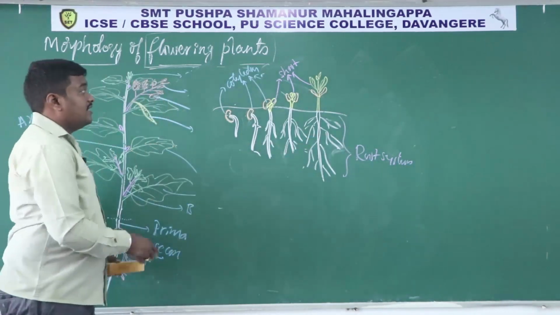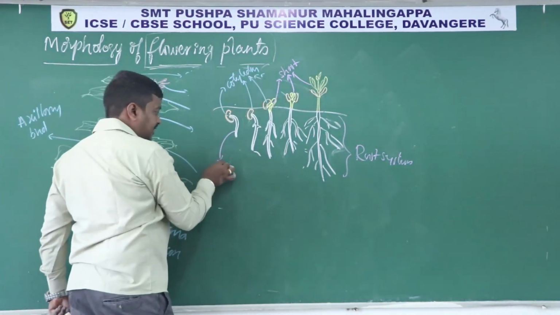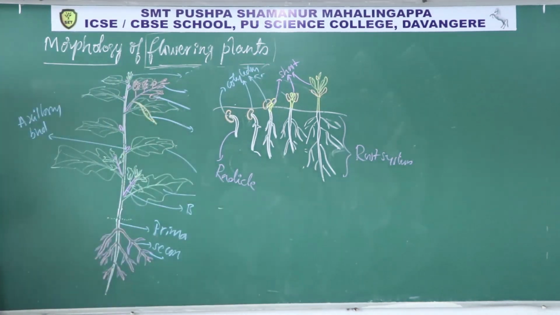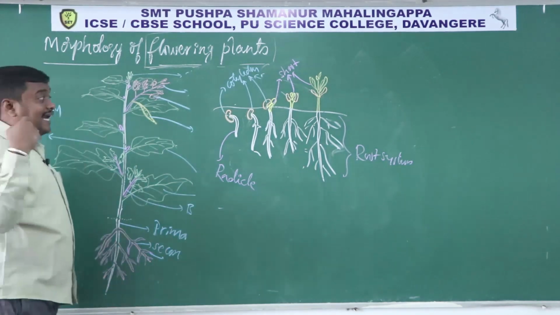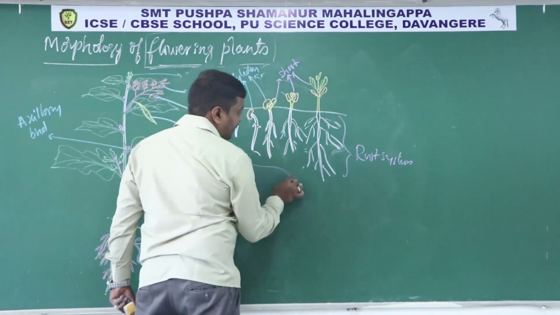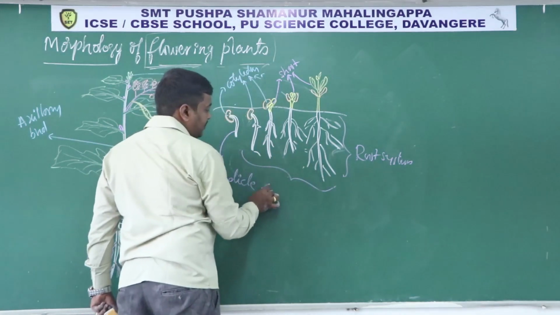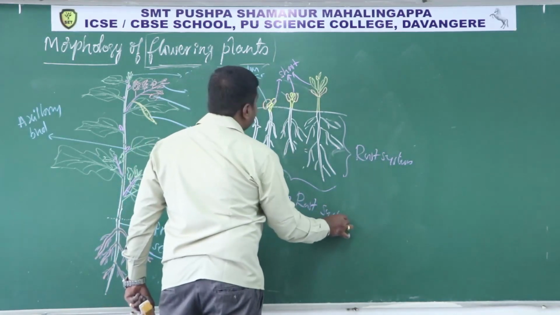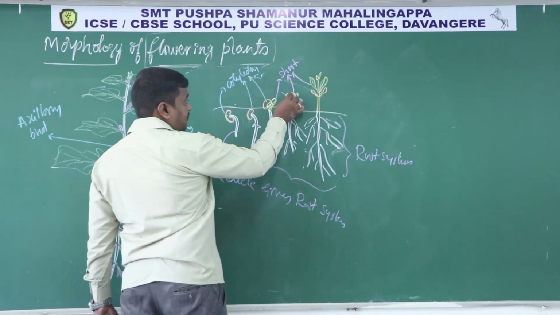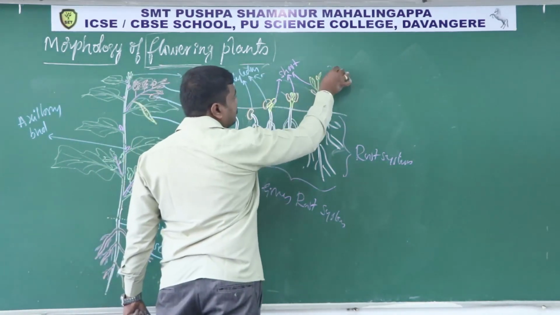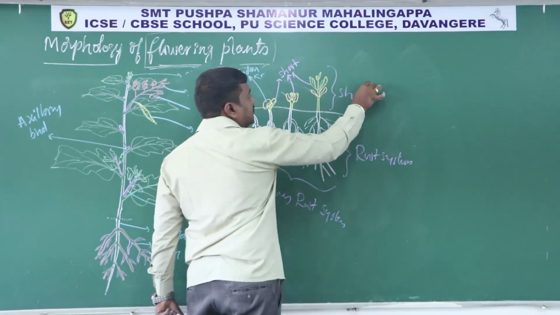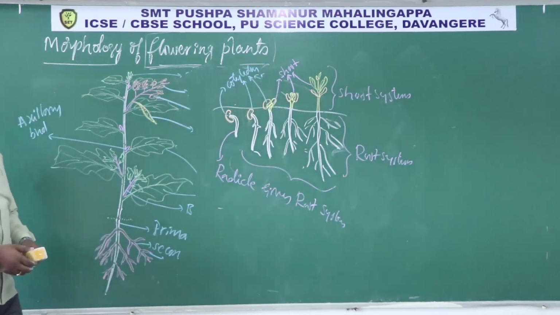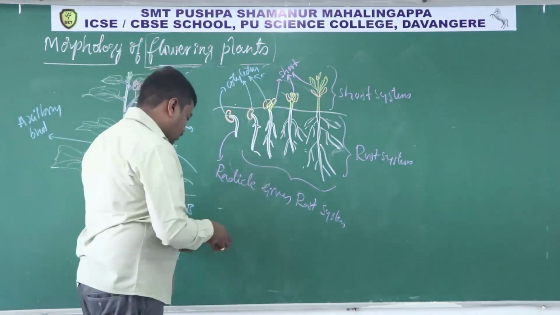In which stages the development happens. So this part is technically called the radicle. The part that comes out first at germination time is the radicle. This radicle gives rise to the root system, and the structure which came out first forms the plumule. Plumule gives the shoot system. These small structures are present in the seed itself.